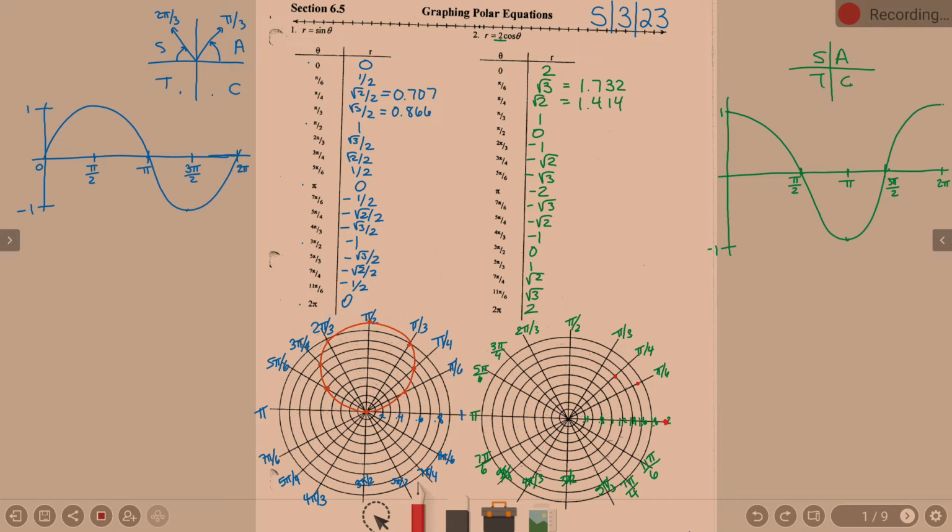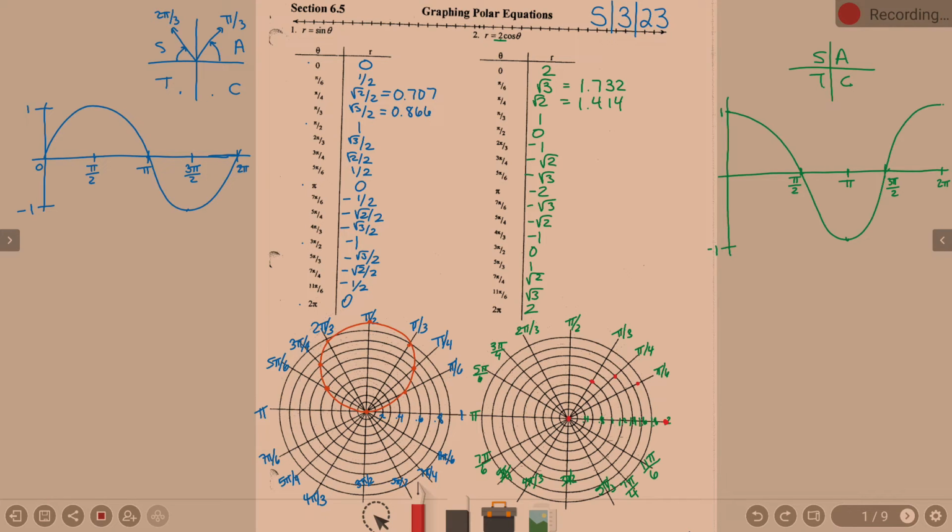Pi over 3 and 1. That's on your 5th ring. Pi over 2 and 0. That's at the center. 2 pi over 3 and negative 1. So here's 2 pi over 3.